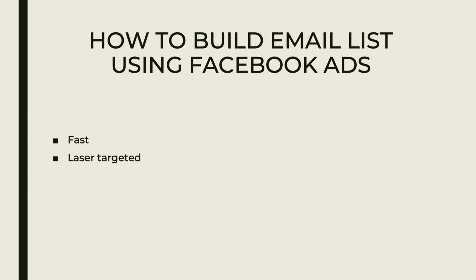Now, of course, you can do it other ways, like the organic way, which is creating content, but I don't think I need to show you how to set all that up. You can figure that out on your own. All you have to do is create content for those platforms that you're going to be promoting on. But for the people out there who want to build the email list fast using paid ads, this is the fastest way. So I'm going to show you guys how to run Facebook ads.